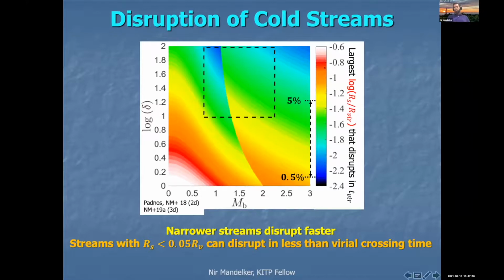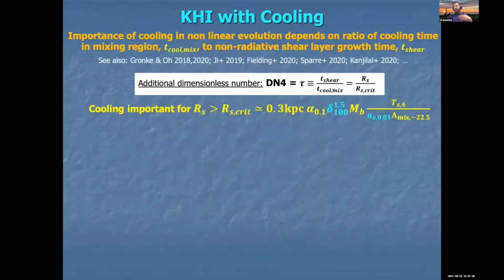Streams that are larger are expected to survive these types of instabilities, and the narrower you are, the faster you will disrupt. However, I haven't yet included cooling, which is obviously a very important part of the story.